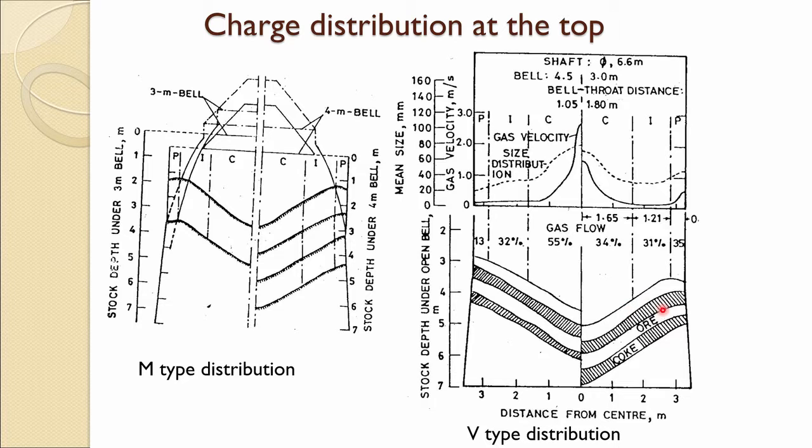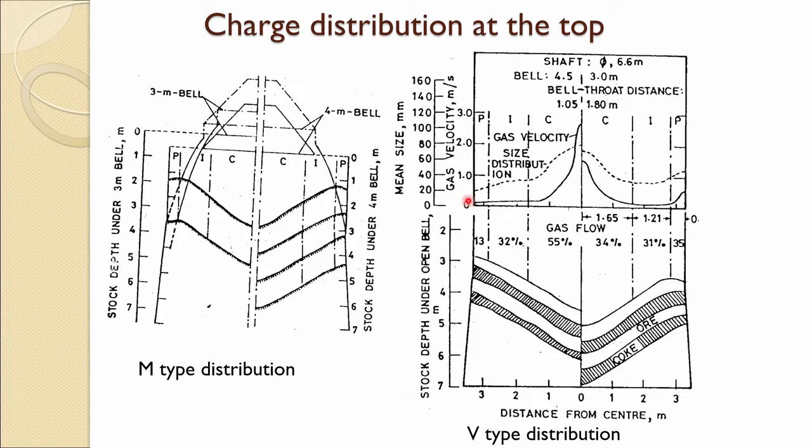However, in the M shape one, you can see that at both places the velocity and the distribution are reasonable. It is not becoming very high at one side like in the central flow, but in this one, even at the wall side you are getting a good velocity of the gas.